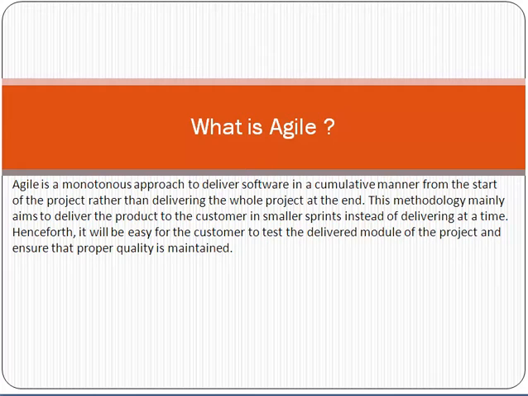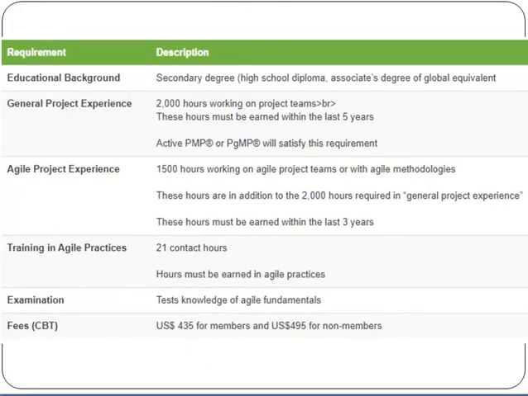Now friends, the requirements made by PMI, the Project Management Institute, for that certificate. First of all, you should have an educational background, which means a secondary degree or high school diploma. This is the prerequisite if you want to apply.